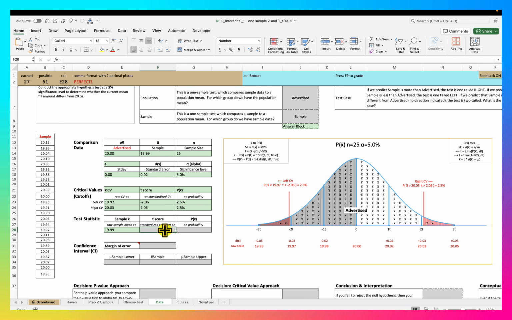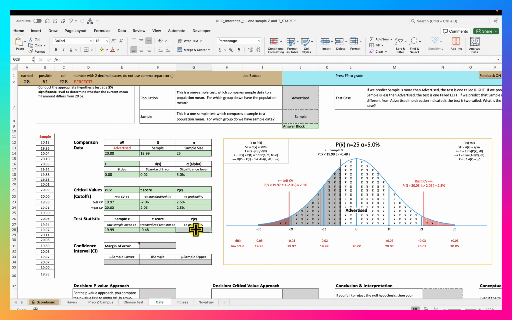And the t-score is equal to x bar minus mu divided by standard error. Okay, and the probability, well, if it's way out here, this is definitely not going to be a reject.